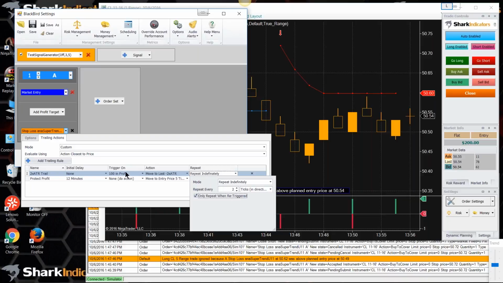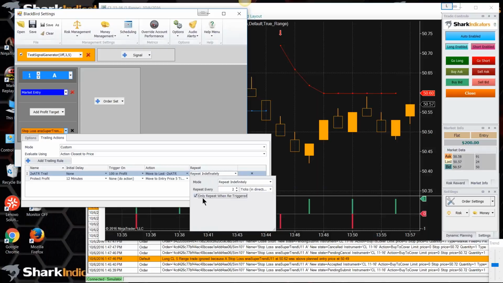So this trigger event has to occur again before the action can repeat. That's what this checkbox is for. It sets up some limitations as to how often the action can keep executing.